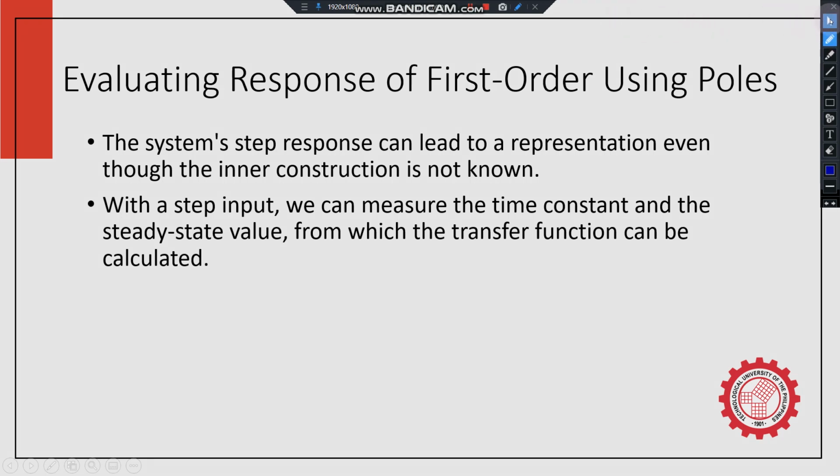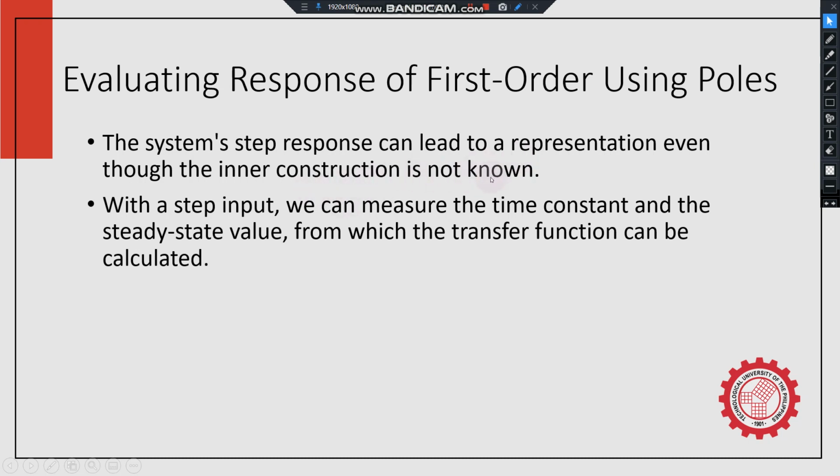Let us now continue our discussion in topic 3. We are to evaluate the response of the first order using poles. If the system's step response is available, it can lead to a representation even though the inner construction is not known.